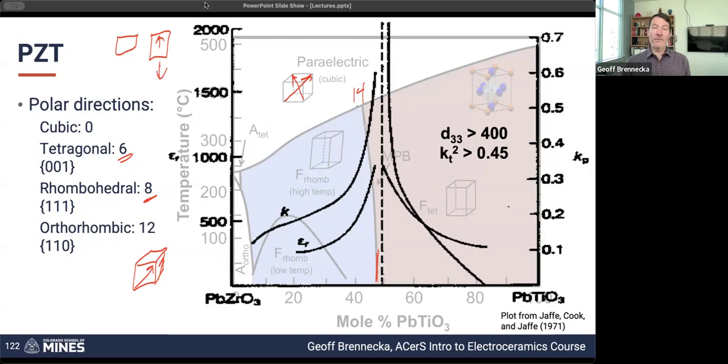And so there are other ways of engineering improved response out of piezoelectrics, but this feature right here and the massive performance gain that you can get out of PZT over just plain lead titanate or plain lead zirconate or barium titanate, this morphotropic phase boundary and its associated increase in properties is the reason that as people are trying to replace PZT or lead-based materials in general with non-lead options, many of them start by looking for morphotropic phase boundaries in other chemical systems to try and get the same kind of enhancement at that phase boundary.